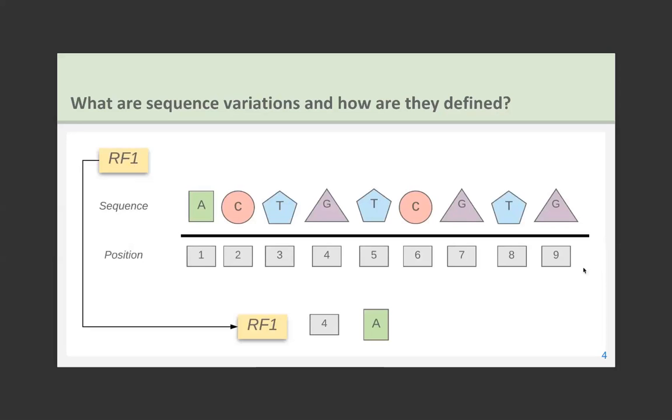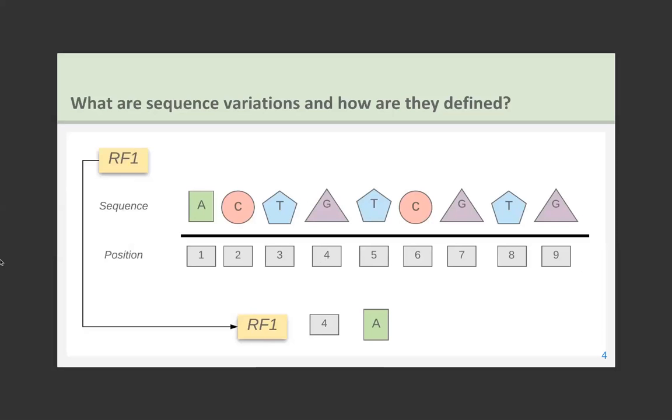For that, first I need to put the reference sequence identifier. So I have put the reference sequence identifier. The second thing I need is the position in this reference sequence where I see my variation. Say here is position 4. So at position 4, I see a variation in this reference sequence.